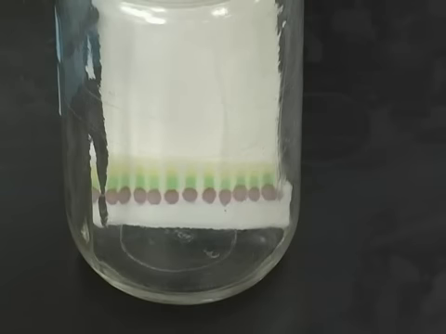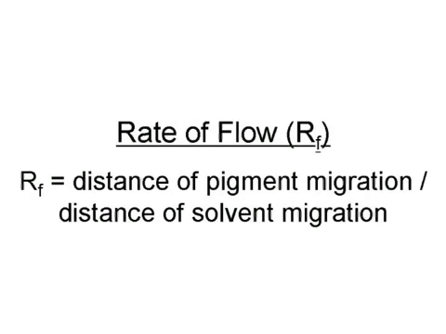While we are waiting for the chamber to develop, it would be a good time to discuss how to calculate your results from this exercise. The results of this exercise will be examined in two ways. The first is referred to as the RF value, or rate of flow.